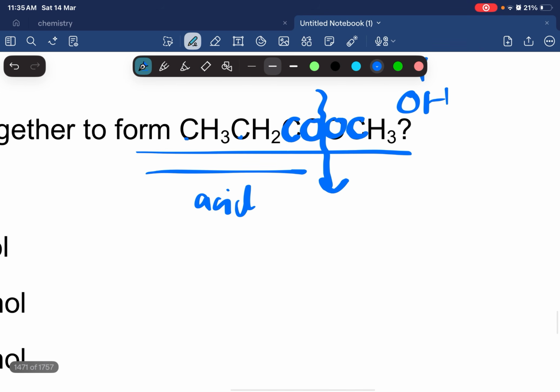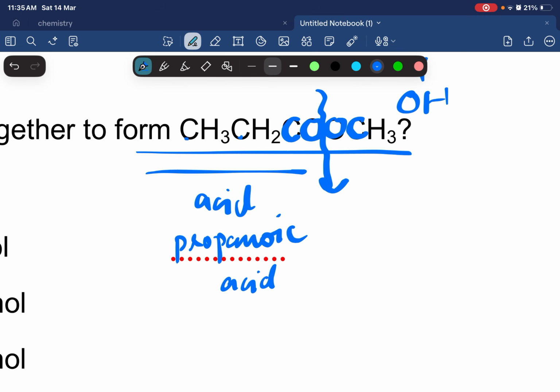That's our very own propanoic acid. And then we have methanol. Propanoic acid plus methanol.